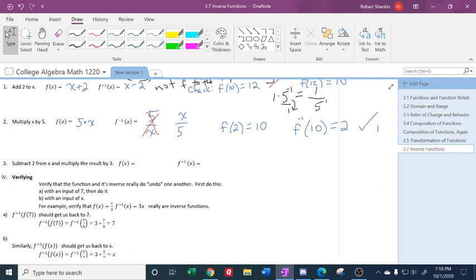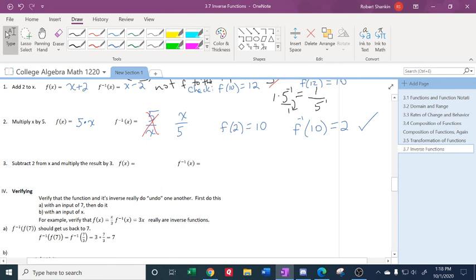Okay, group 5. You can always say pass, but what did you get, group 5? All right.